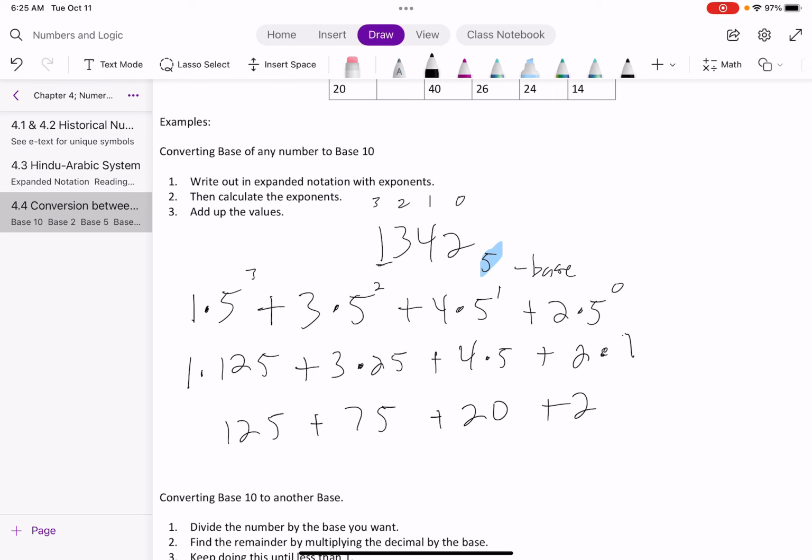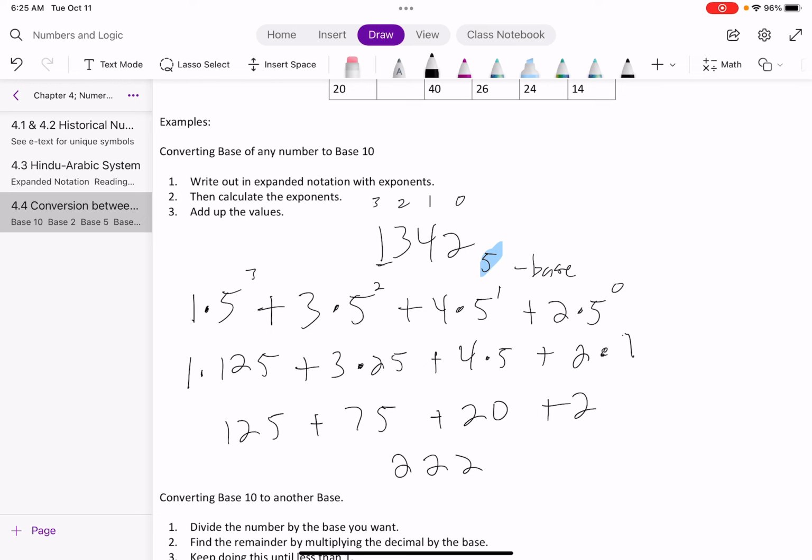And now I add these together. 125 plus 75 is 200, plus 20 is 220, plus 2 is 222. So I've gone from a base 5 number to a base 10 number. All right, we don't have to write a 10 there because that's how we write our numbers, but technically you could. And that becomes 222.